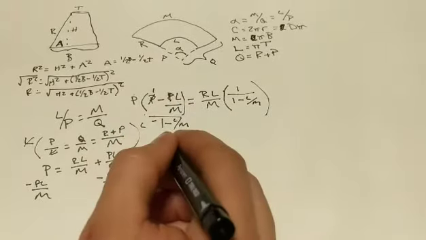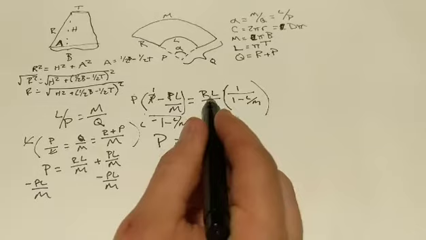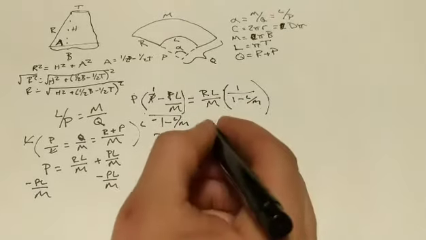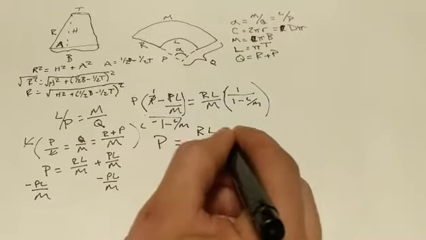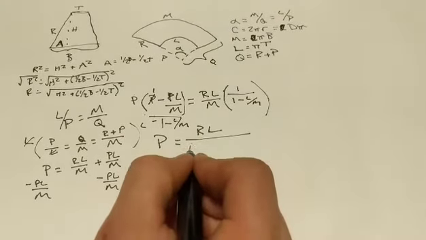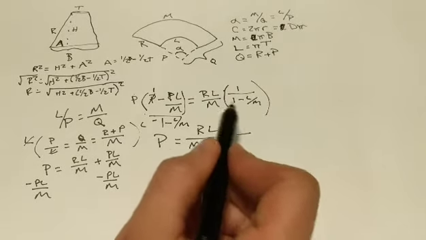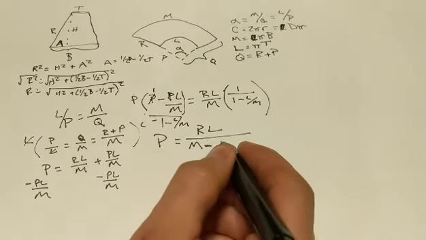So then on our left side, we're just left with P. Multiply across, so RL times 1, RL, over M times 1, M minus M times L over M. Those M's will cancel, and we're just left with L.